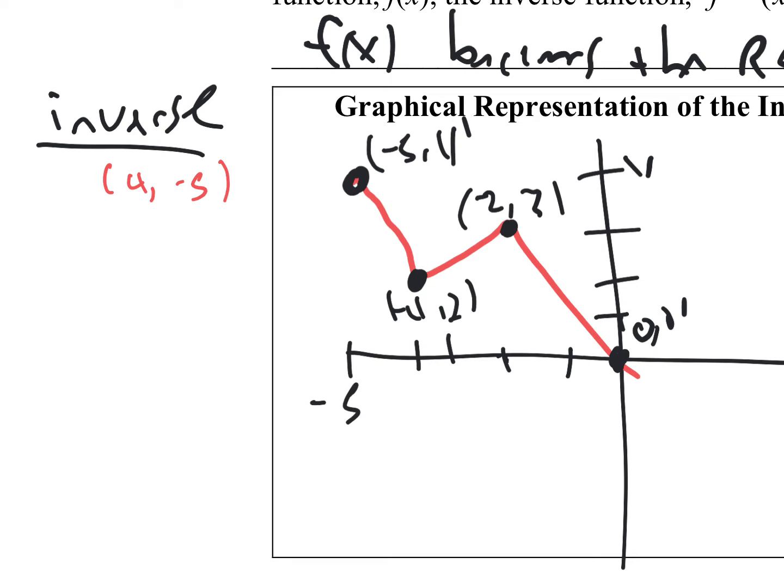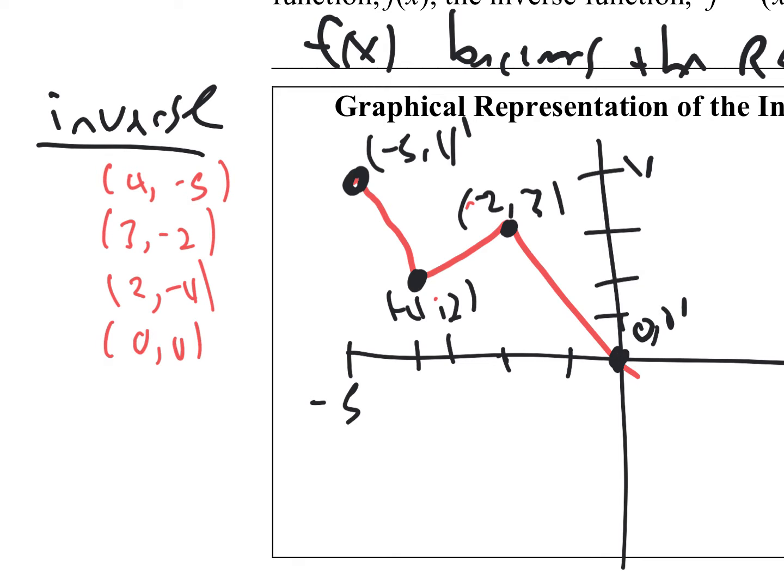Another one? 3, -2. Okay. Another one? 2, -4. That's this one here, right? So we flipped that one. Is there another one? 0, 0.